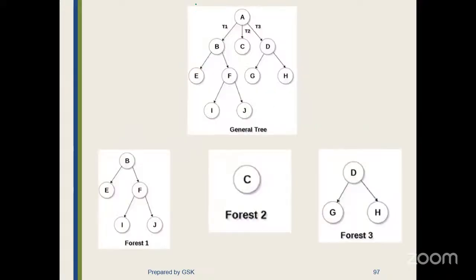Let us say this is our tree, and this is the root node, a top level node in the tree hierarchy. A node which doesn't have any parent node is called the root node. We need to observe these edges.